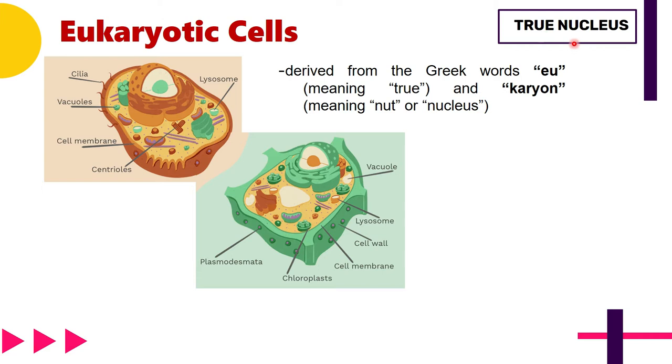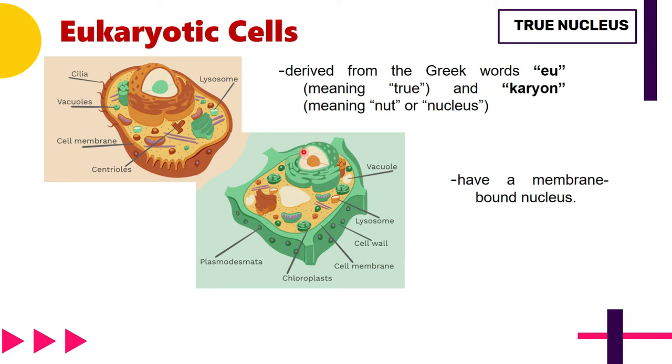So the primary characteristic of eukaryotic cells is that they have a membrane-bound nucleus. So, unsa gali ng membrane-bound? So, membrane-bound, it means that an organelle or cell structure is surrounded or covered by a membrane. So, ang nucleus sa eukaryotic cell, here is the nucleus of our eukaryotic cells.